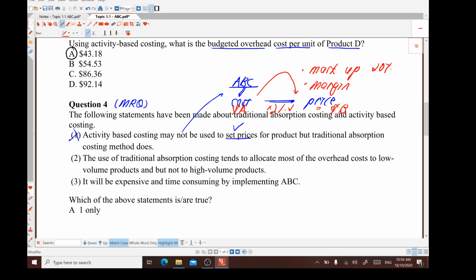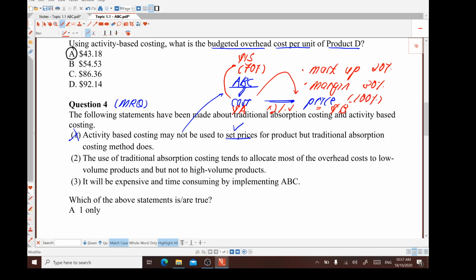So technically, if this is a margin of 30%, what we can do is take the cost and convert it back to the price. Say for instance, this cost by itself is $15. All right, so the margin is 30%. So the cost represents 70%. The price is always 100.